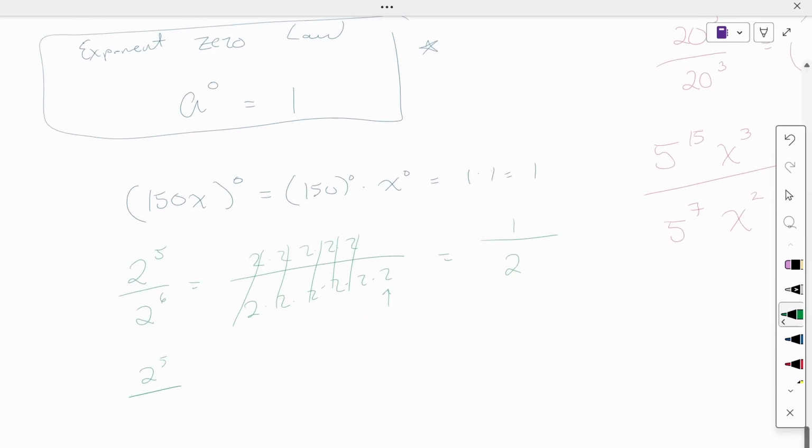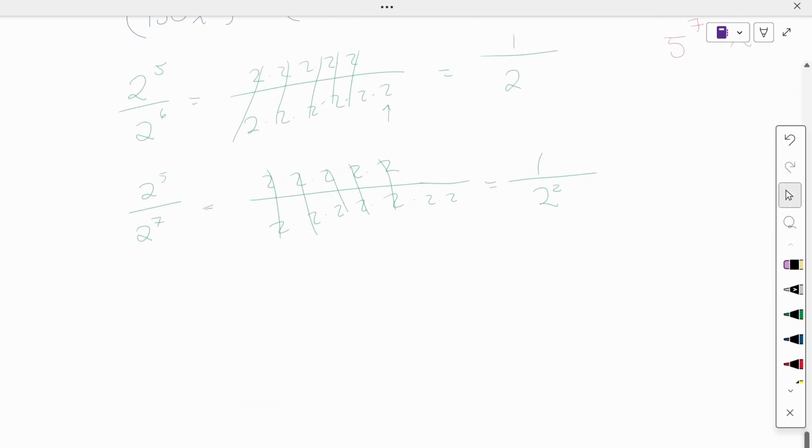And if you kept, say, increasing the exponent in your denominator, of course, you're going to have more 2's that remain. So your 2's cancel out, but now you've got 2 times 2, or 2 squared in the denominator.